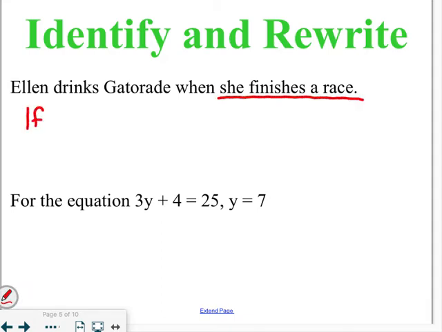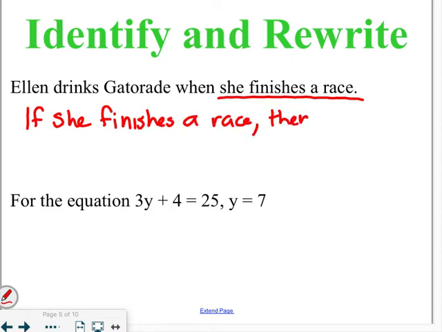So, if she finishes a race, then Ellen drinks Gatorade.